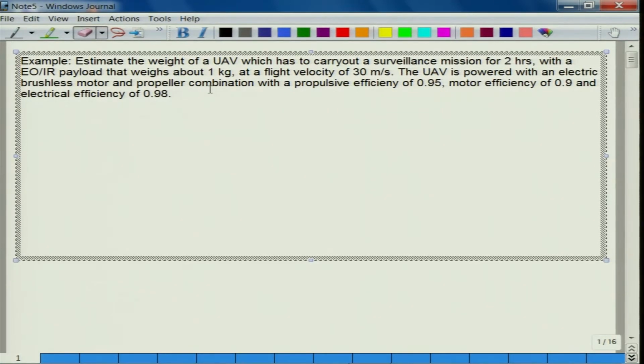Assume the lift to drag ratio during the flight is 15.